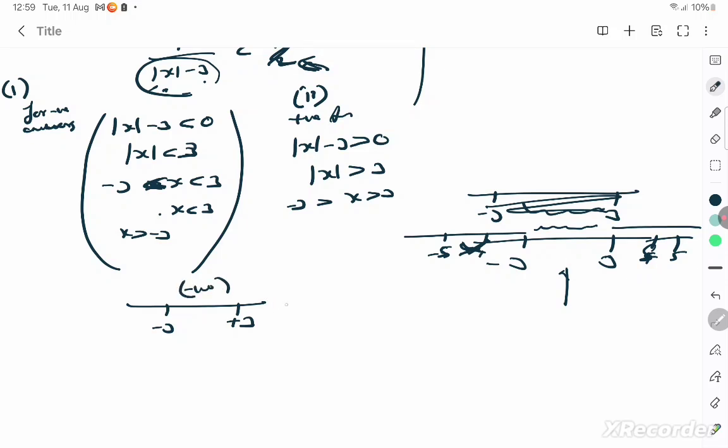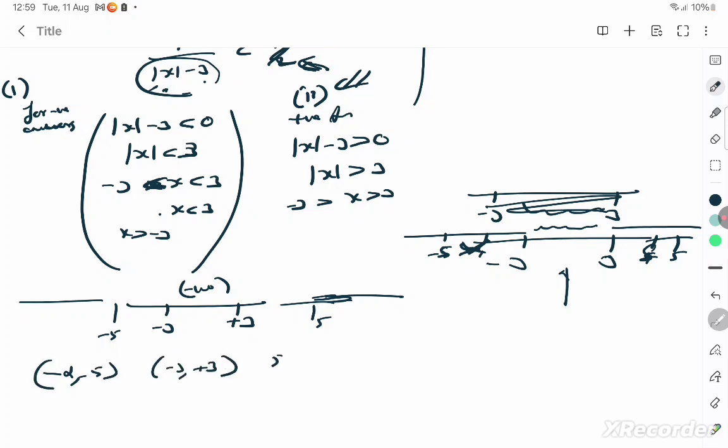You'll also get answers after 5 and before 5, which will get you the second condition, where the denominator is always 2 or greater than 2. Greater than 2, not lesser than 2. It has to be 1 by 3, 1 by 4, 1 by 5. So you're getting minus infinity to minus 5, minus 3 to plus 3, 5 to infinity. All of them is the answer.